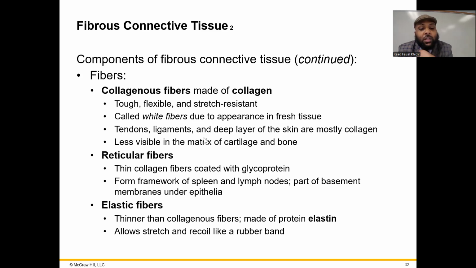The tendons, the ligaments, and the deep layer of the skin are mostly collagen, and they are less visible in the matrix of the cartilage and the bone. Reticular fibers are thin collagen fibers coated with glycoprotein, and they form a framework of the spleen and lymph nodes.